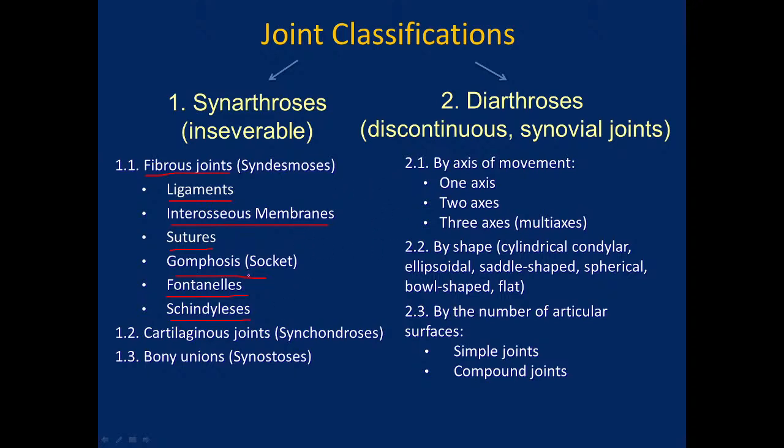connective tissue only. The second group in synarthrosis is cartilaginous joints. The Greek name is synchondrosis. What is a common feature of these joints? They consist of cartilage.